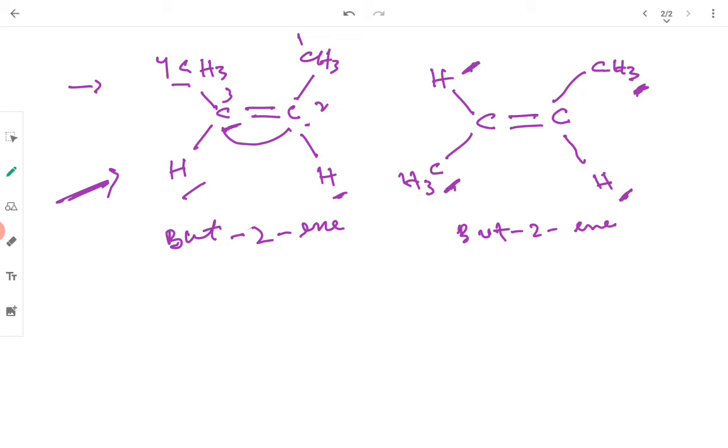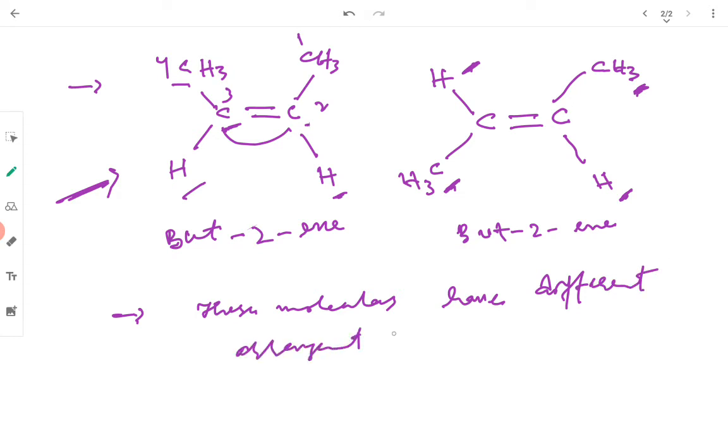So the molecular formula is same, the structure is same, but these molecules have different arrangement of atoms or groups in space.